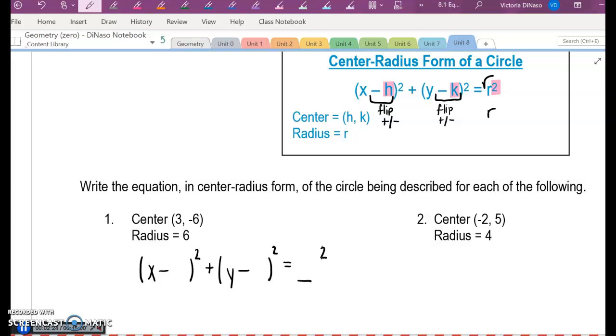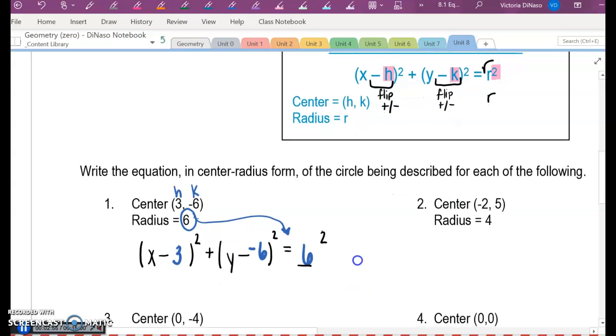When we put it into this form, this is your h and this is the k that's going into the circle equation. So we're going to put x minus 3, and then y minus negative 6, and then equals 6 squared. So this radius went right there.